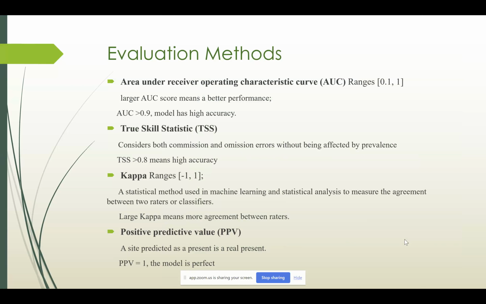To evaluate our species distribution models, we picked four popular evaluation methods, which have also been applied in many evaluations of SDM or other ecological modeling research: the area under the receiver operating characteristic curve (AUC), true skill statistic (TSS), kappa, and positive predictive value (PPV).